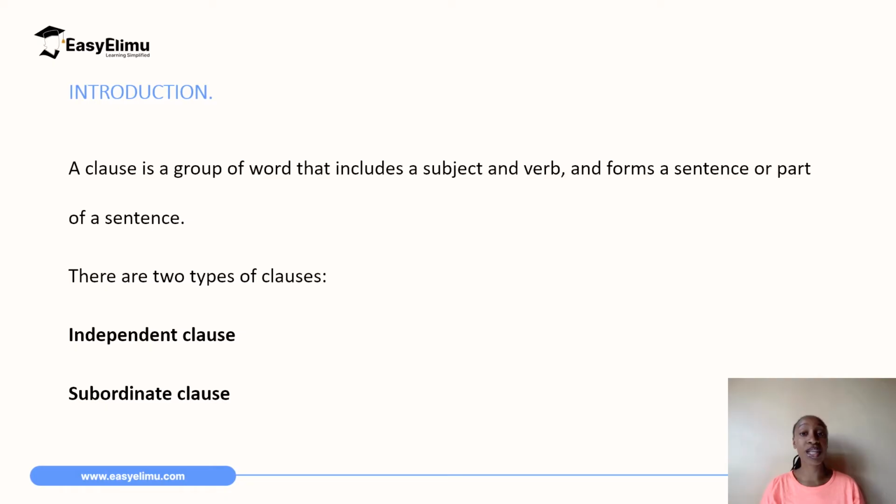And then we also said that there are two types of clauses. We have the independent or the main clause, and then the subordinate or the dependent clause. We also said that the main clause can make sense on its own. It can form a sentence on its own, but the subordinate or dependent clause cannot make sense on its own.